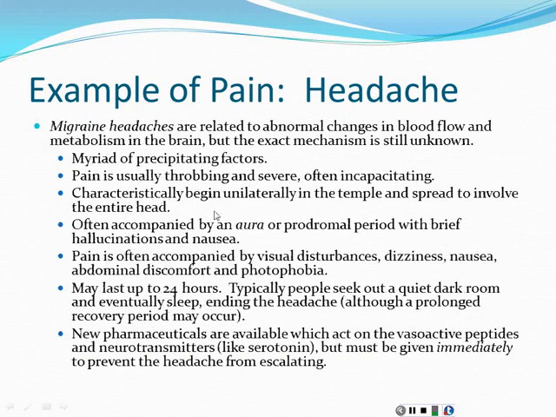All right. And then migraine headaches are the most complicated of the headaches. It used to be that very little was known about migraines. They were sort of mystical. But now a great deal more has been learned about them, and we know that it is in fact related to abnormal changes in blood flow to the brain, which isn't surprising because people who have migraines will tell you they can feel their heart beating in their head.